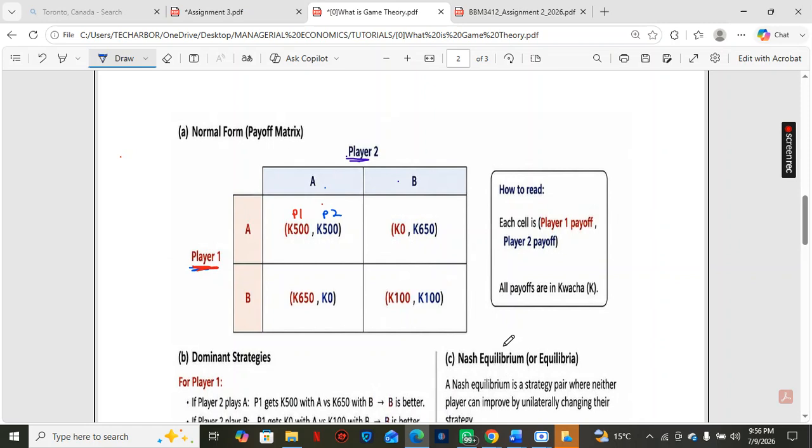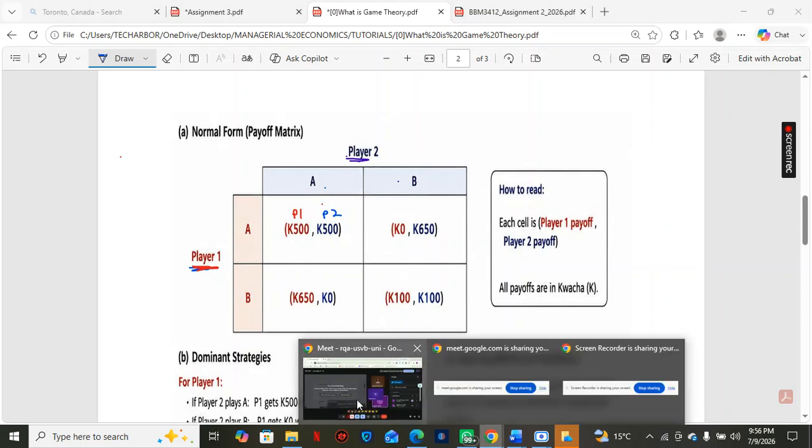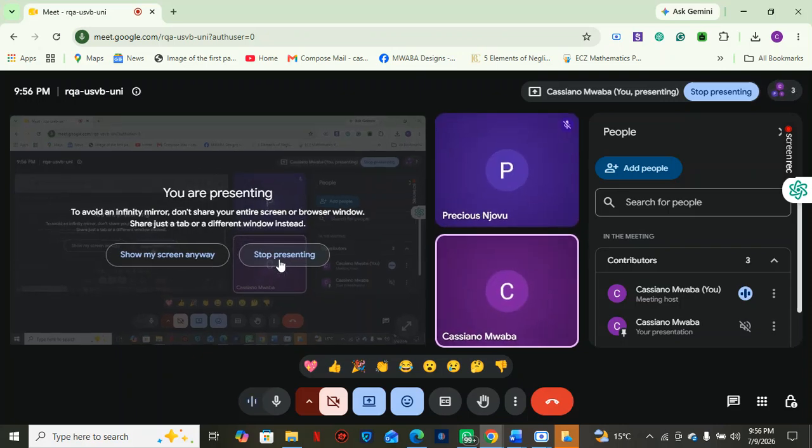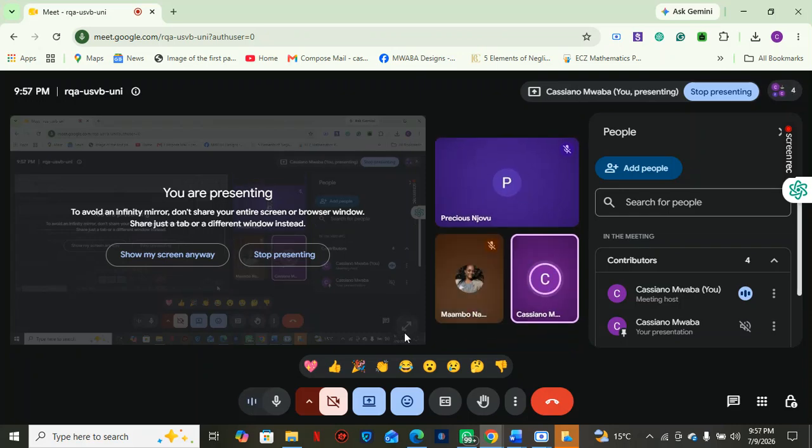Not really in betting, but you are trying to see how companies behave, how they react if one chooses a certain strategy. I'll give you the notes for this.